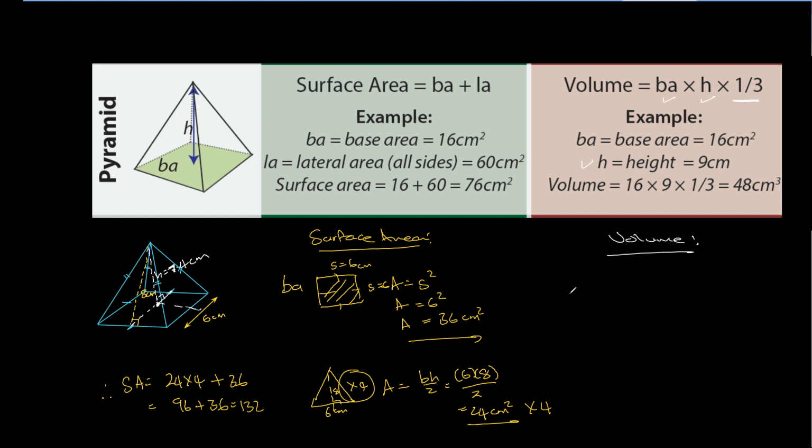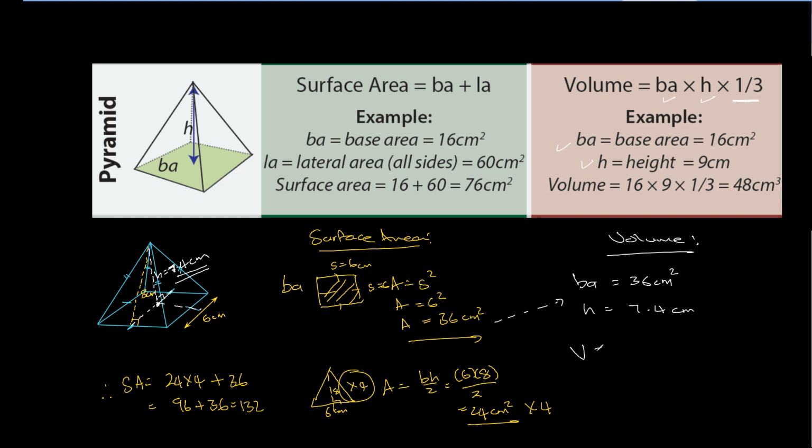Let's go through it now. The first thing we need here is the base area BA. We know what BA is. It's the same, 36 centimeters squared. And then we need the height. The height is 7.4 centimeters.